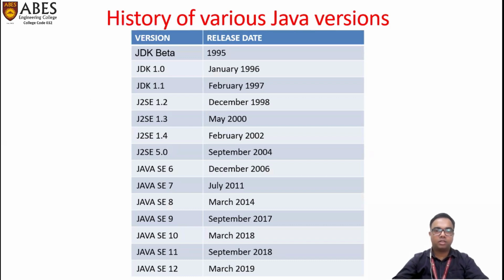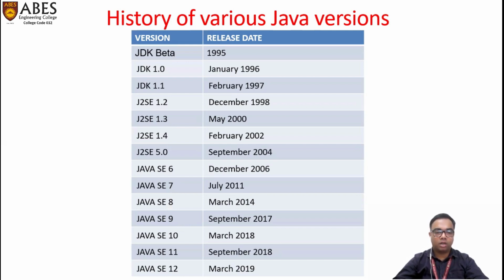Now the history of various versions. The first version, JDK Beta, was released in 1995. After that, JDK 1.0 came in 1996, JDK 1.1 in February 1997, and then JDK 1.2 in 1998.